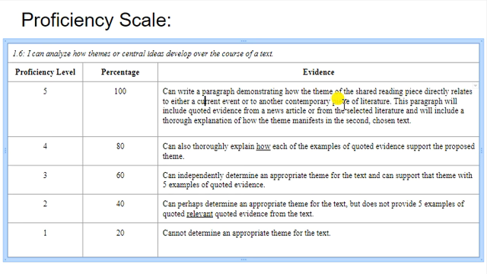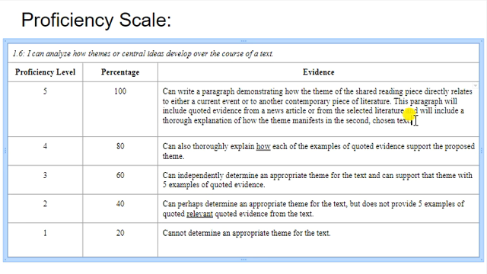So if you read the text that we read together and you think that the theme is people can accomplish more as a team than independently, then you would also need to locate a piece of contemporary literature, or even it could be a current event story that supports that same theme, and relate those together and write a paragraph that will include quoted evidence from either a news article or from the selected literature, and include a thorough explanation of how the theme manifests in your chosen text, whether that be the news article or an independent reading novel.